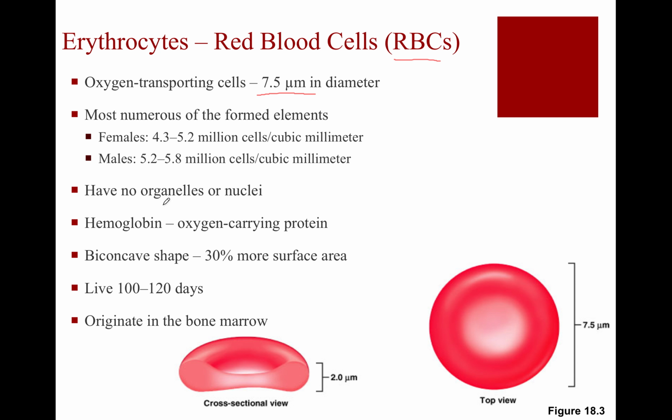A very fascinating fact about red blood cells is that they do not have any organelles or a nucleus. As you can see, there is nothing stained purple that identifies a nucleus. Keep in mind that because the cell does not have a nucleus and organelles, they live a relatively short life of about 100 to 120 days.